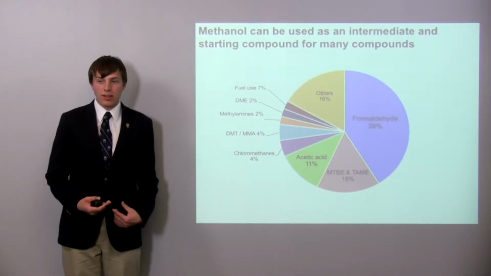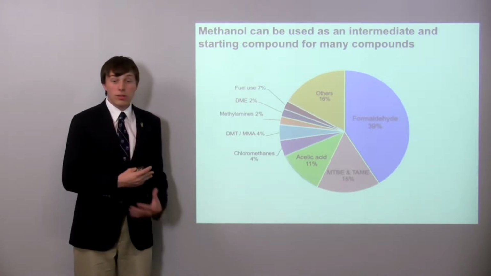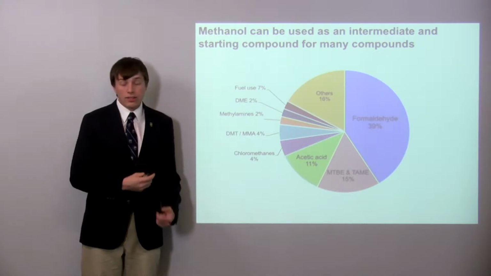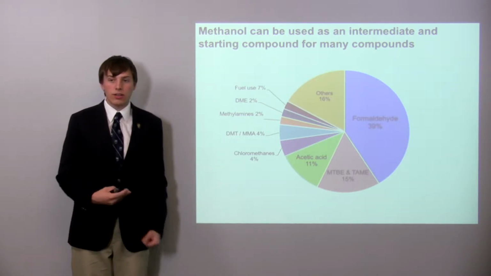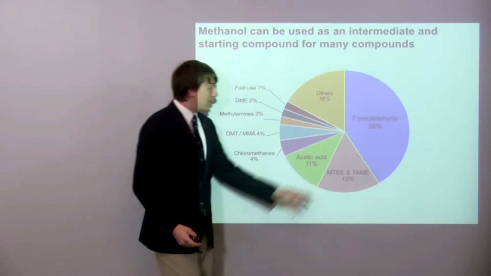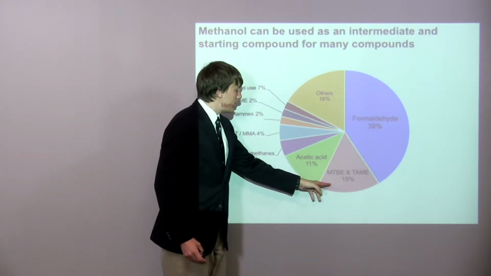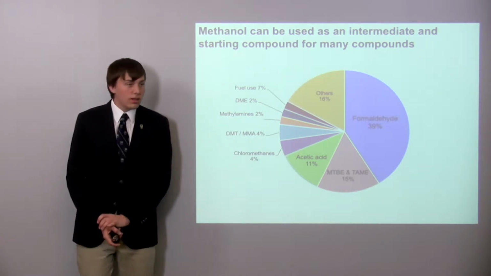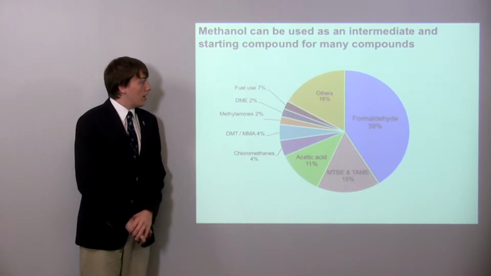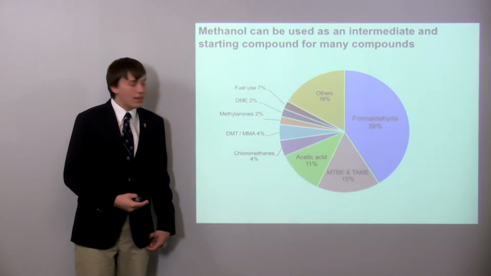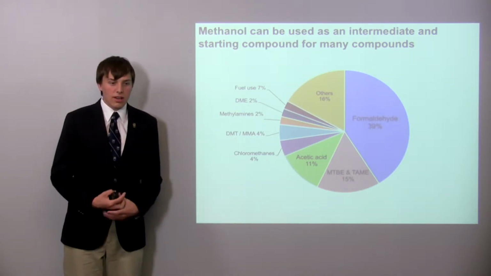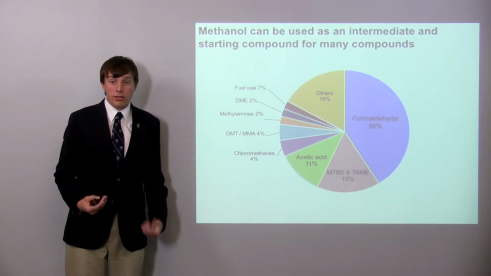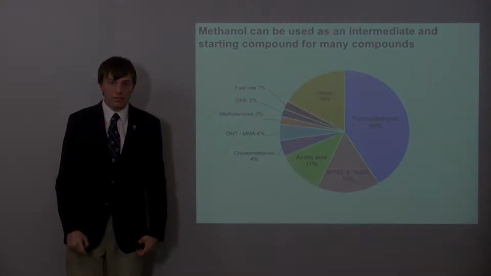The demand for methanol has been increasing because you can make methanol into many different compounds. It can be used as a starting material or an intermediate for formaldehyde, MTBE and TAME, acetic acid, and many others, as you can see on this pie chart. These compounds can then be formed into other household items such as resins, plastics, and other compounds that are seen in our daily lives.